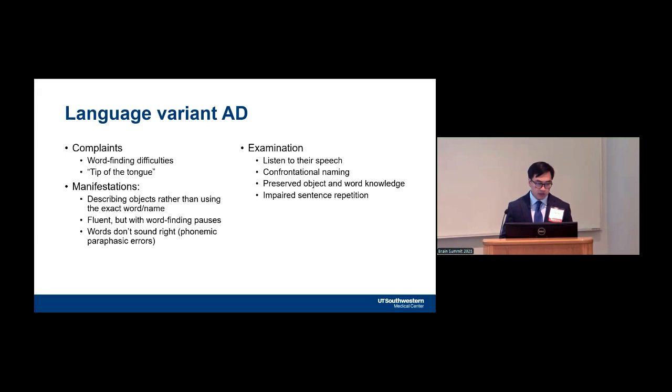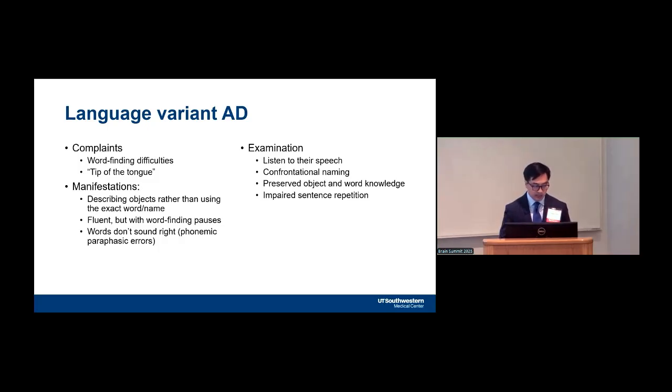Well, when you're encountering a patient that has the language variant of Alzheimer's disease, their main complaint is going to be word finding difficulties. They have this tip of the tongue phenomenon. It's right there, I just can't get the words out, right? When asking more about that, family members may say, yeah, they kind of keep dancing around the actual word.